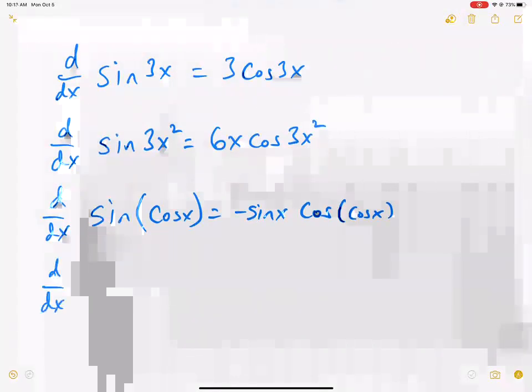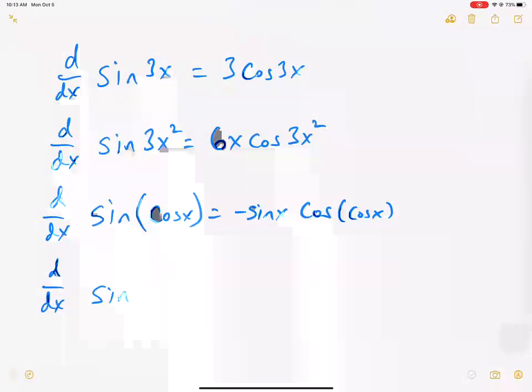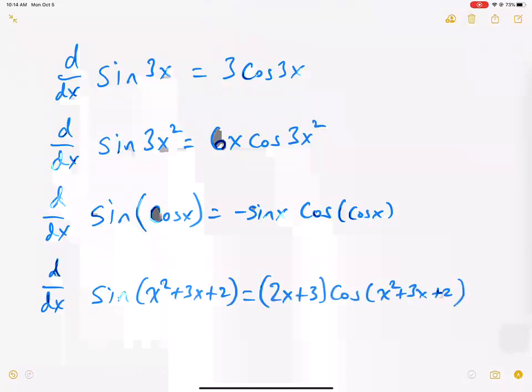This is super obvious, okay? The derivative of sine of x squared plus 3x plus 2 is equal to 2x plus 3 cosine of x squared plus 3x plus 2. These are all chain rule examples.